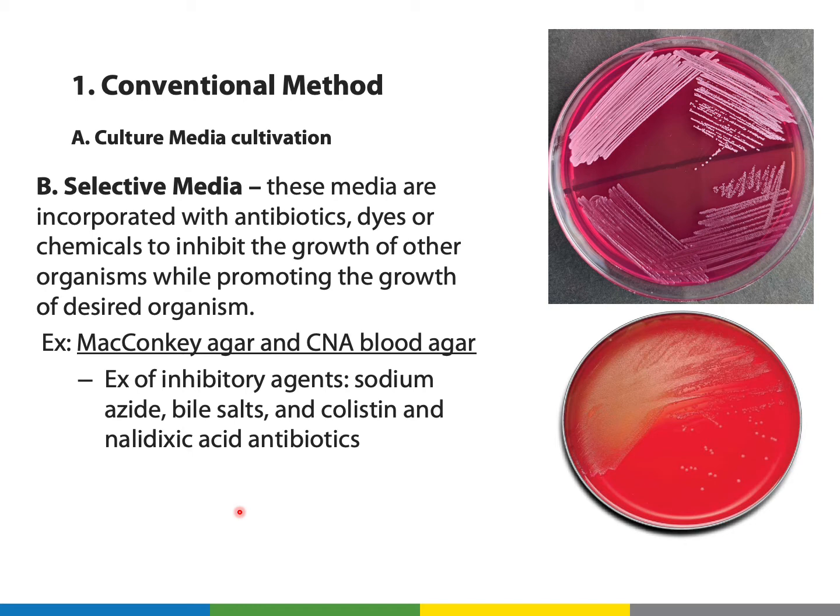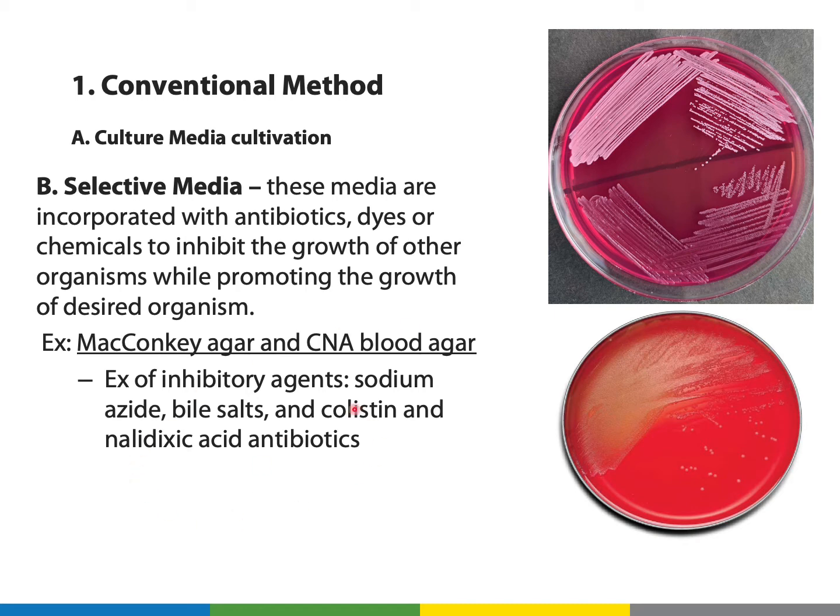A common example is MacConkey agar, which contains bile salts that select for Enterobacteriaceae, and Columbia CNA blood agar, which is commonly used for streptococci and staphylococci isolation and contains colistin and nalidixic acid antibiotics.